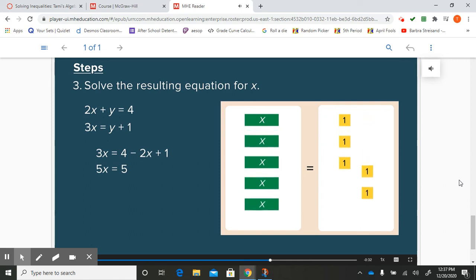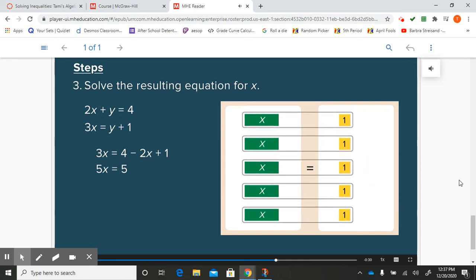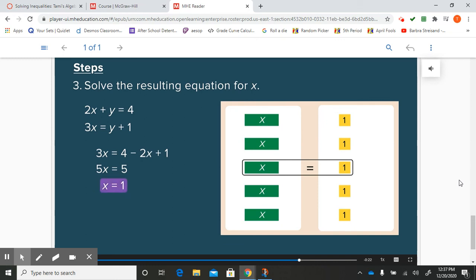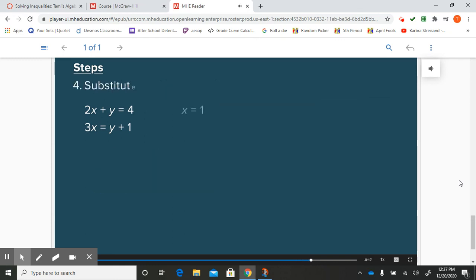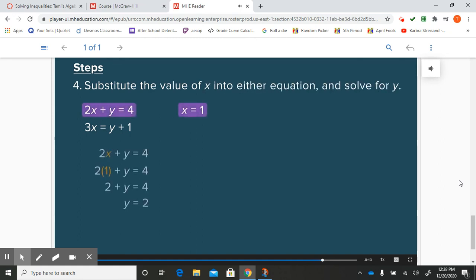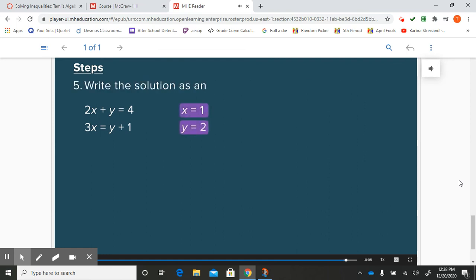Equation by separating the triads at each side into equal groups. Substitute the value of x into either of the equations in the system and solve for y. Write the solution of the system as an ordered pair.